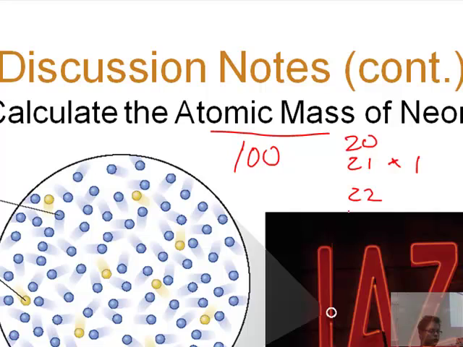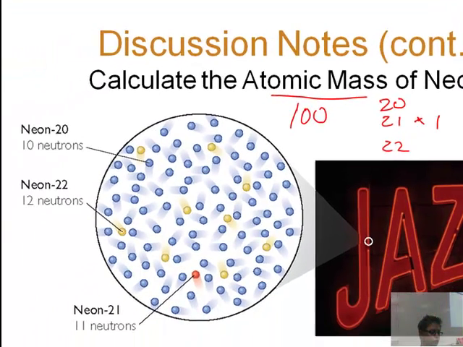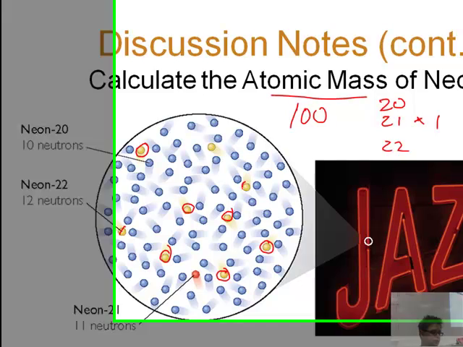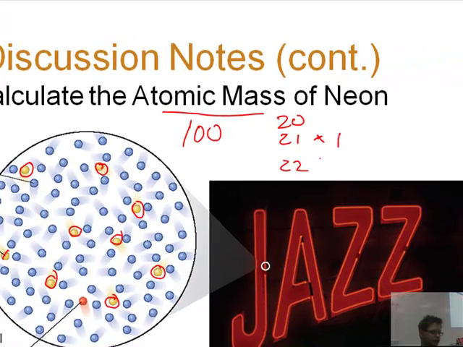Neon 22, there's 1, 2, 3, 4, 5, 6, 7, 8, 9 of them. Again, that's 9% because there's 100, 9 per 100. And the last one, neon 20, has to be the rest, so that's going to be 90 per 100.